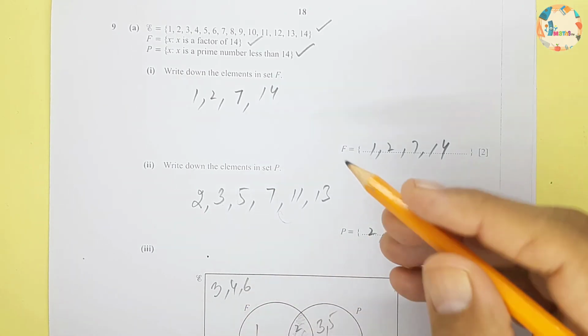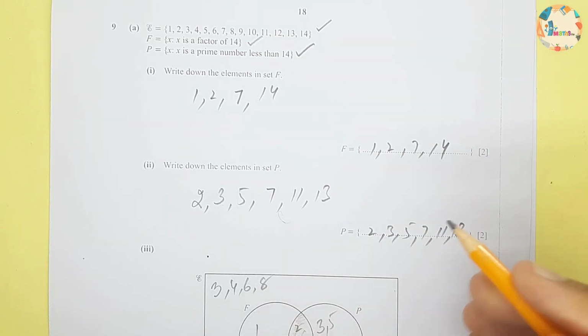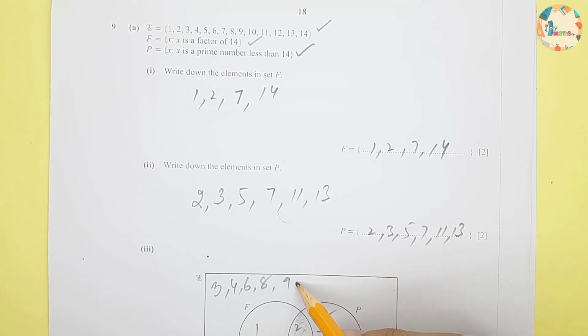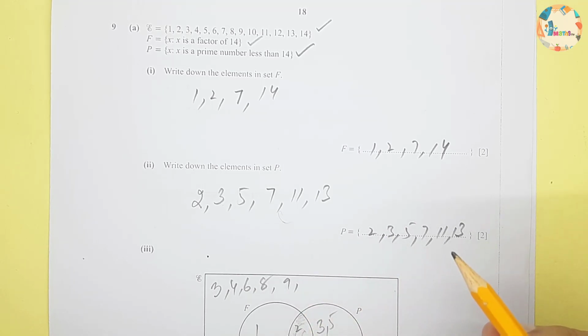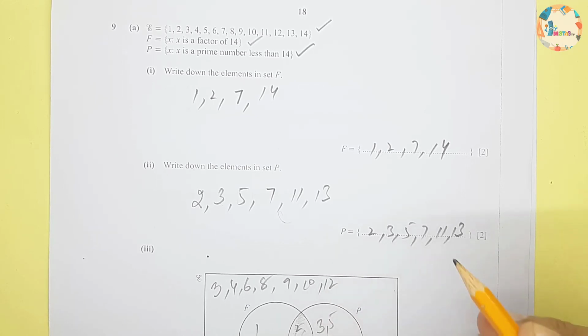7 is taken. 8 is not yet taken. 9 is also in the outside area. 10 is also outside. 11 already taken. 12 is also outside. 13 is taken. 14 is also taken.